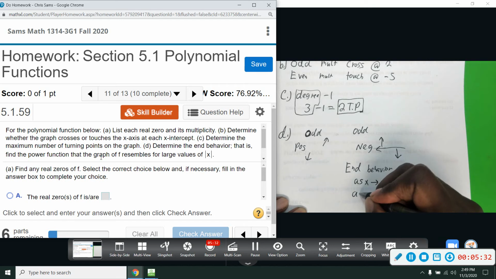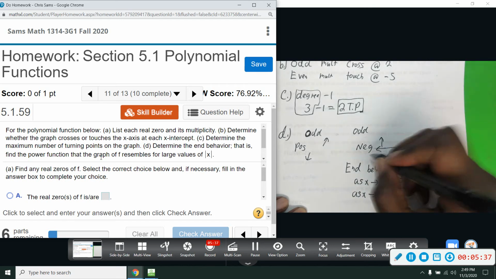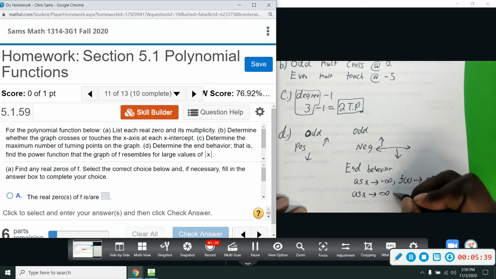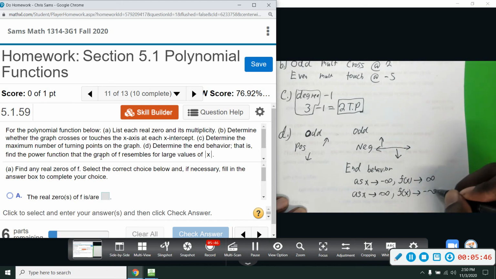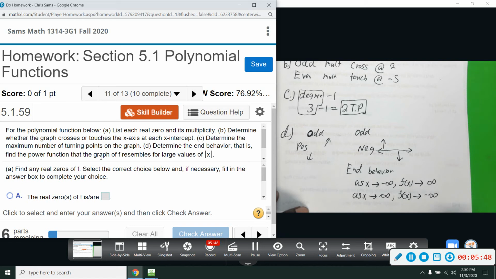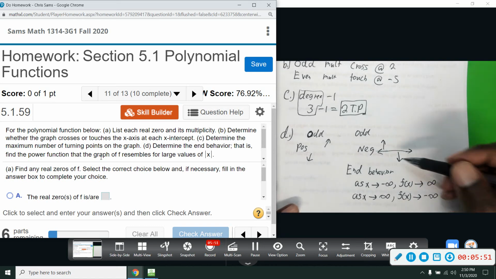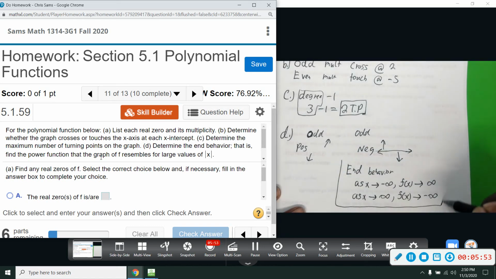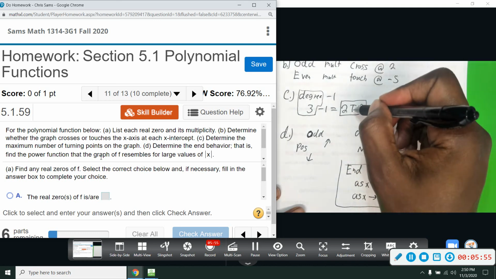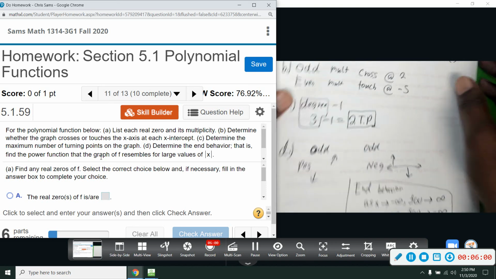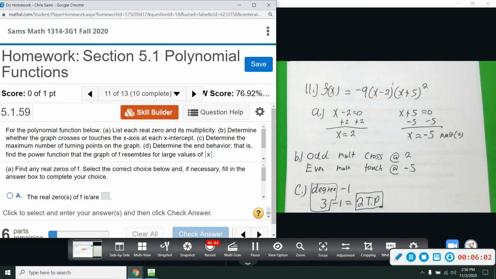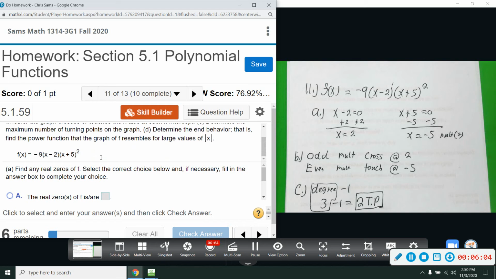And then as x goes to the right, to positive infinity, f of x, or your y value, is going down, goes to negative infinity. So this is how you represent end behavior. So this is all the parts: end behavior, turning points, where it crosses or touches, and the actual zeros. So we're going to put all that in now that we have all the parts answered.